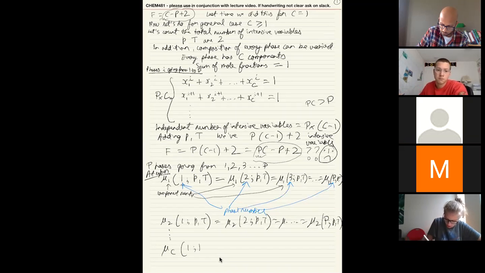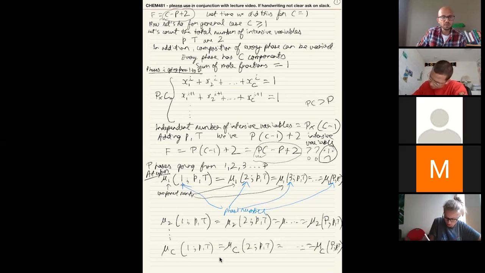Phase number 1, pressure and temperature. We are talking about component C. So now we are not going to have 2, we will have C. Phase number 2, pressure and temperature. Phase number, component C, phase number P, pressure and temperature.